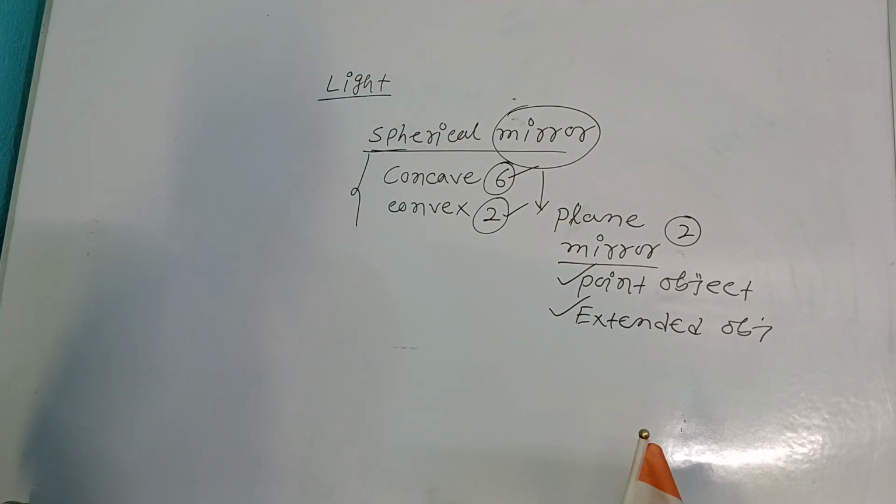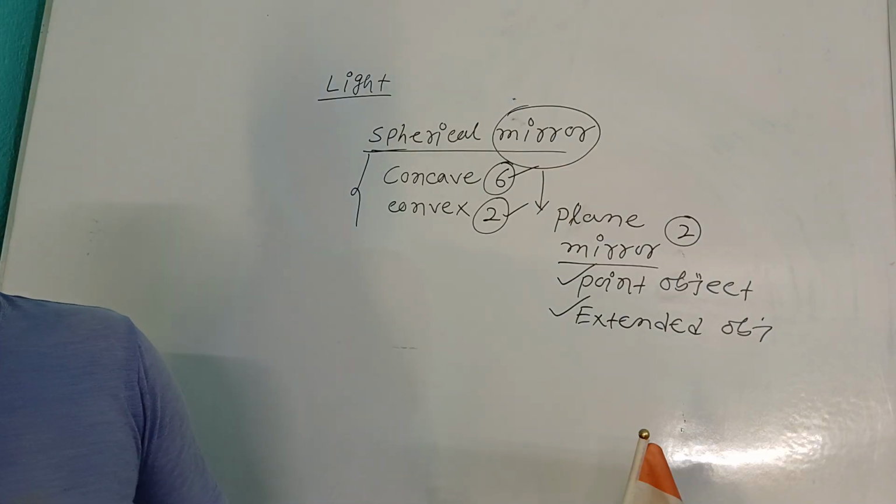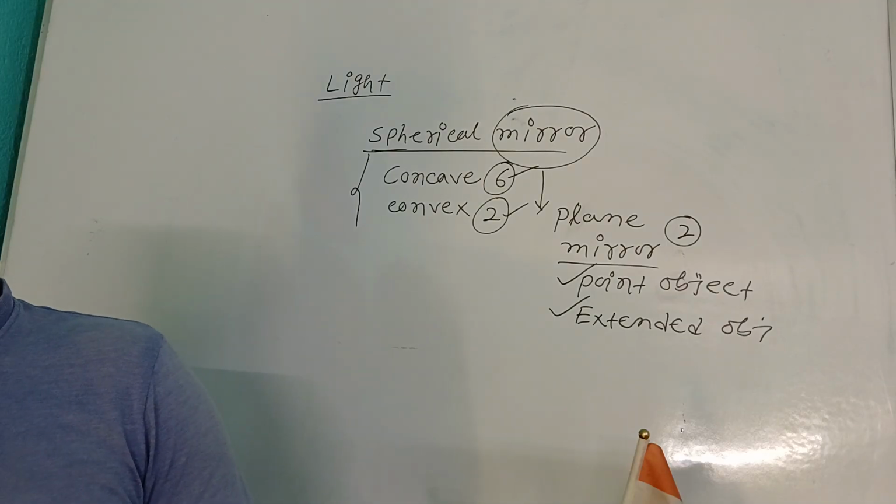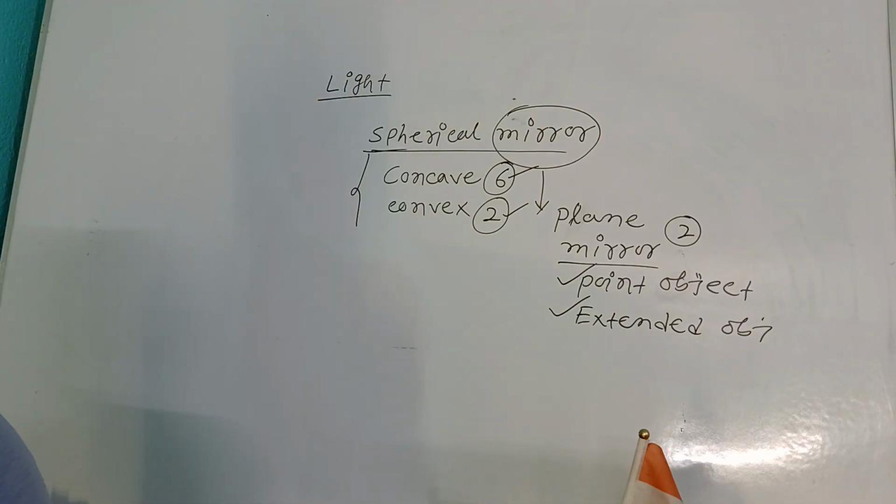So what is the concept? What is an image? Okay, the image is what? It is a replica of the object. Now, what is the basic concept behind the mirror? Maybe we can consider it like this.